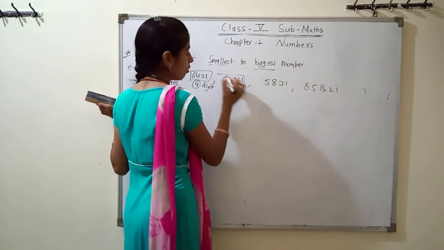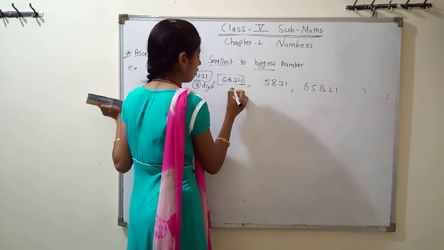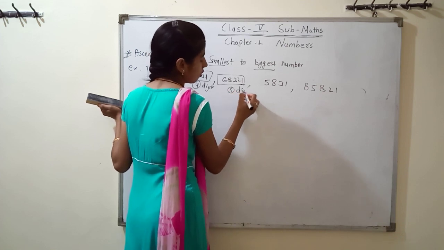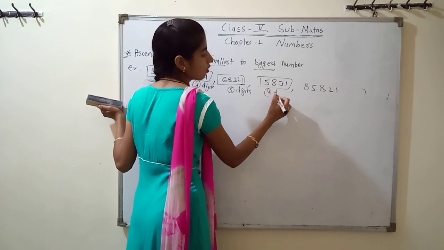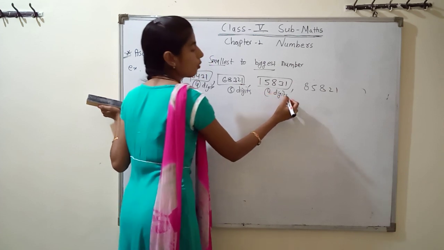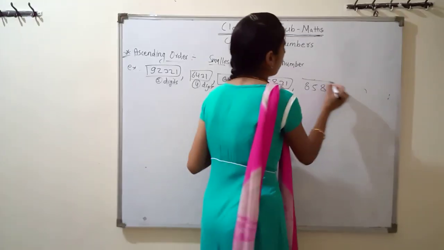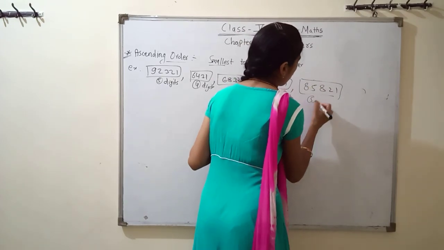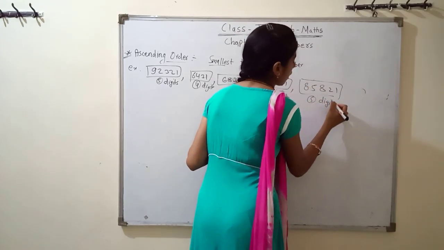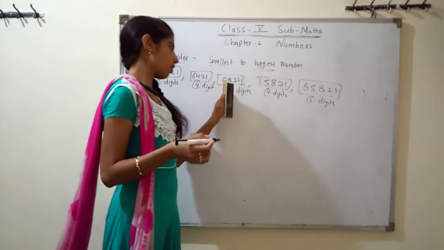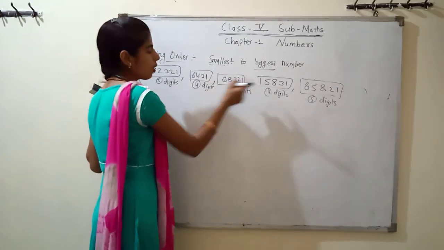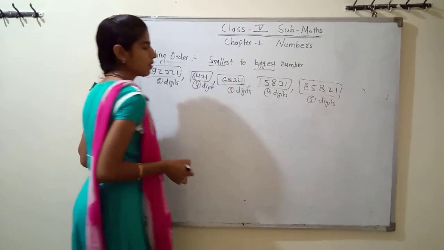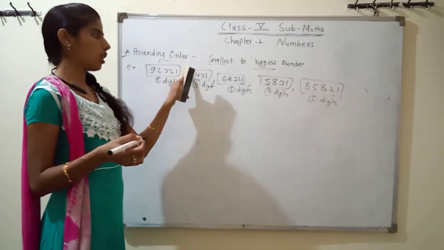Then next is also 5 digits. Next is 4 digits. Then last number also has 5 digits. We know the smallest is the one which has 4 digits. If you compare, here is 6 and here is 5, then we know that 5 is smaller than 6.